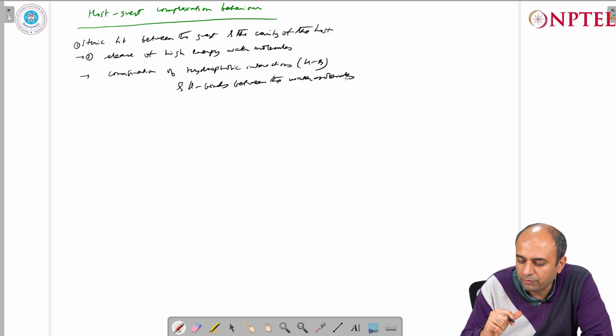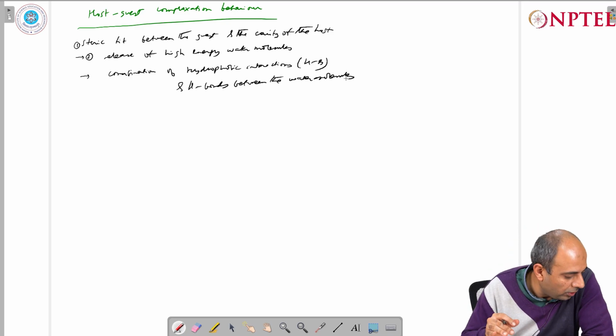And we know that this is favorable on both enthalpic as well as entropic grounds.